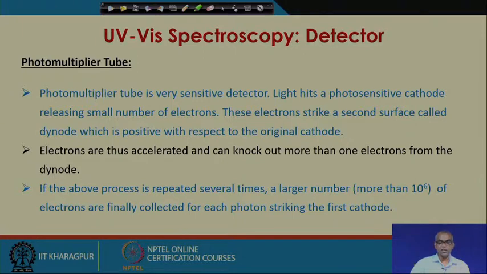Electrons are thus accelerated and can knock out more than one electron from the dynode. If the above process is repeated several times, a large number of electrons are finally collected for each photon striking the first cathode. The number of electrons that can be produced is as large as 10 to the power 6.